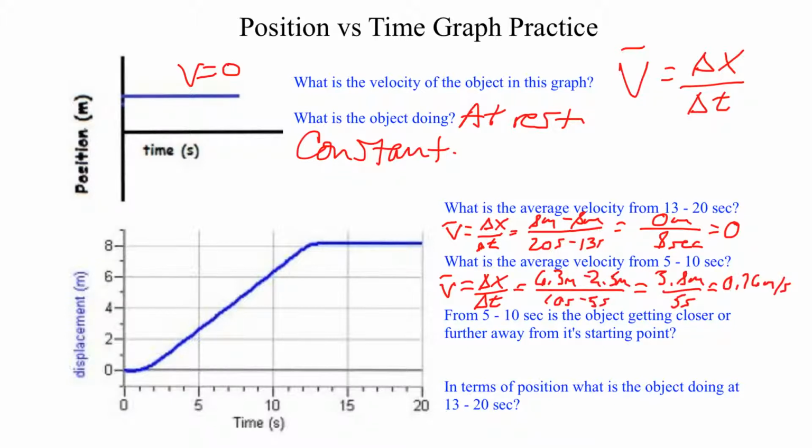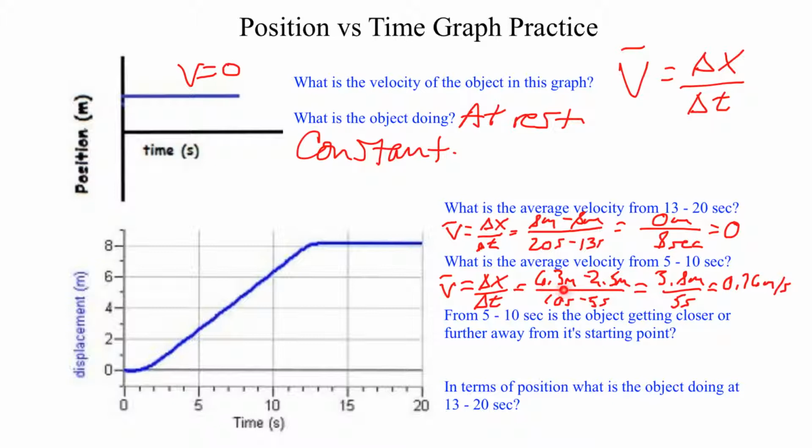Your answer may end up being a little bit different than mine. At 10 seconds, which is right here, it doesn't quite look like 6.5 to me. It looks a little less than that, so I chose 6.3. But it's obviously greater than 6. If you picked anything from 6.2 to 6.5, you'd be safe there.